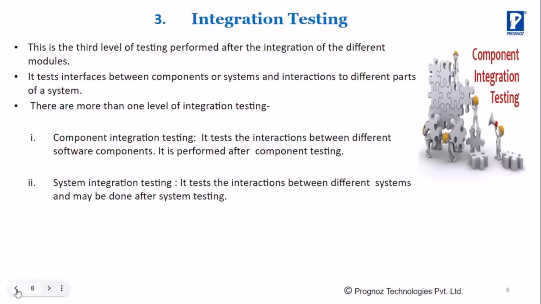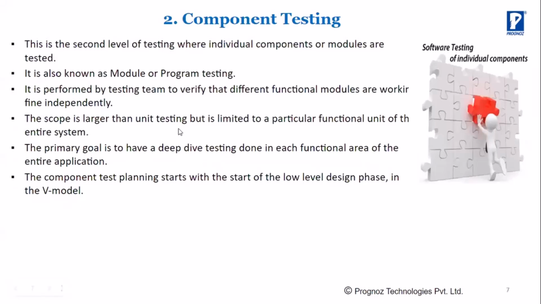Mainly testers, but testers with the help of developers, because some settings are required. I mean, if help is required, then they will provide it, but testers can also do that. And here the main scope is more than unit testing and less than system testing, basically. The overall system is not ready at this point of time.